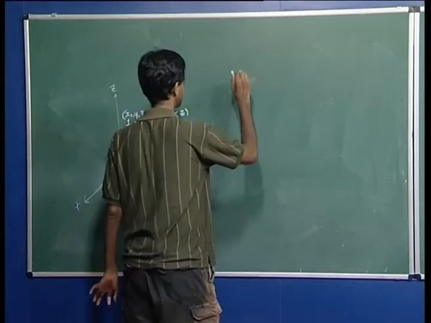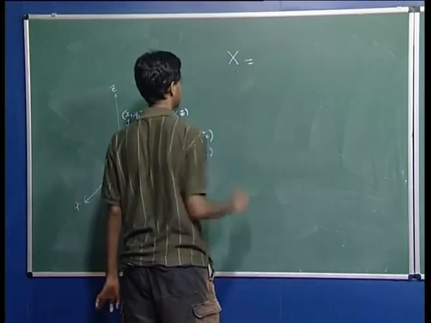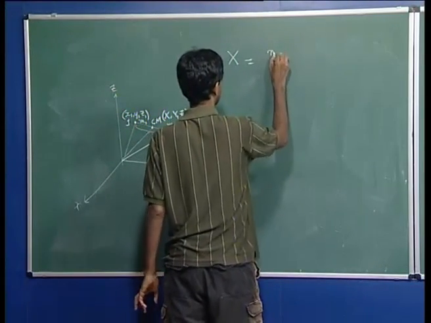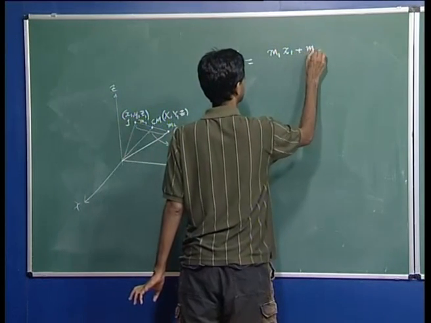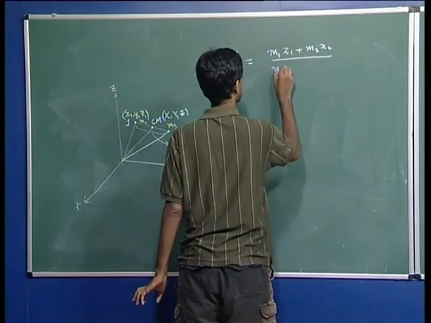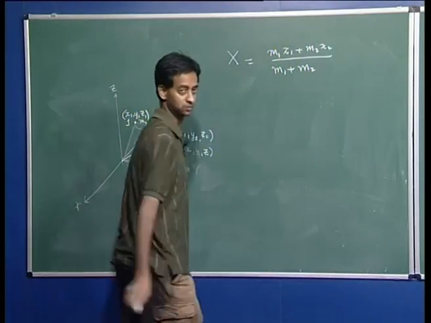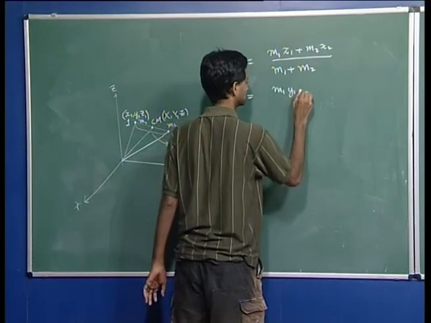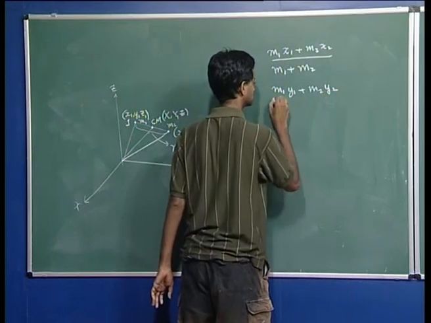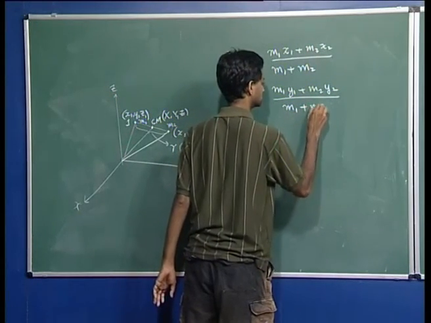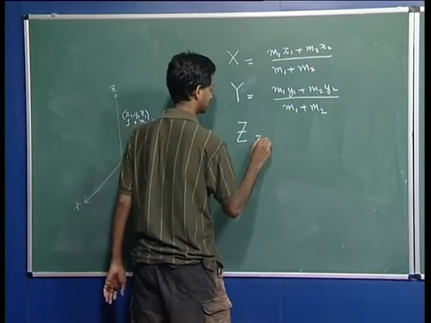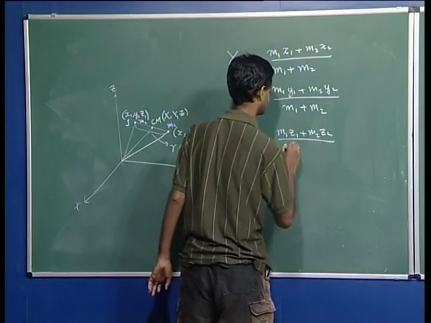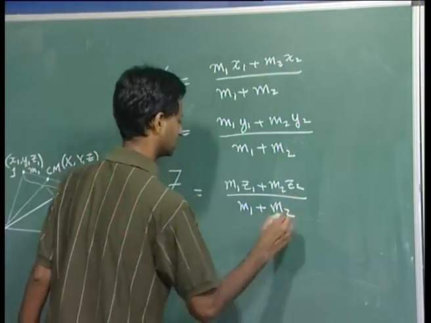The transformation is defined in the following way: capital X coordinate is the coordinate of the center of mass of these two particles, and that is given by m1 x1 plus m2 x2 over m1 plus m2. Similarly, capital Y is given by the corresponding expression in y, and capital Z is given by the corresponding expression in z.